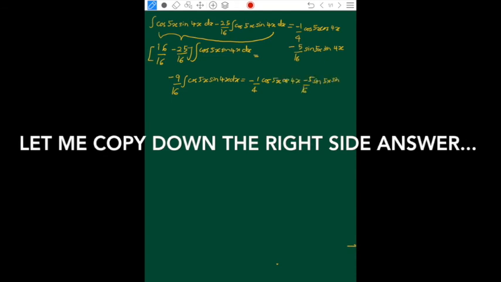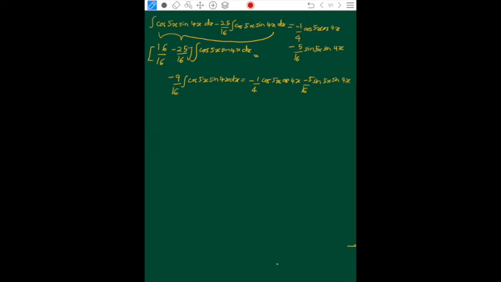Next you need to bring this part over and multiply it with this function and also with the other function here.